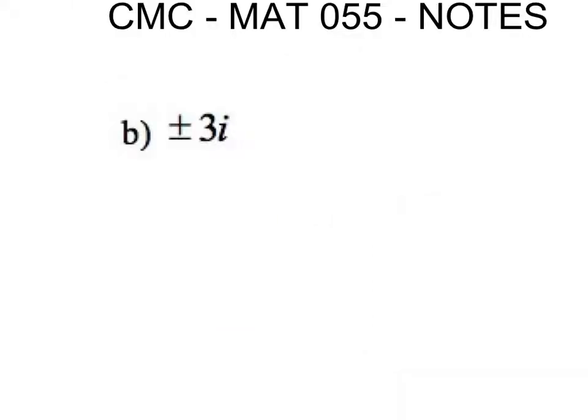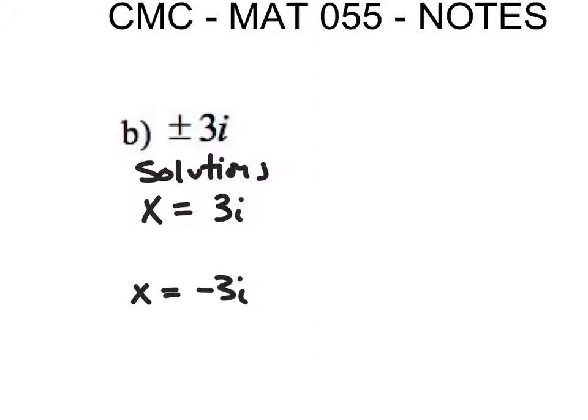All right, so for this part, my solutions are plus or minus 3i. Let's write this down. I'm going to do x is equal to 3i, and x is equal to -3i. These are my solutions. What I want to do is turn those into factors.